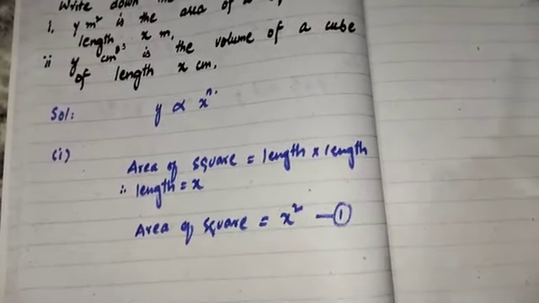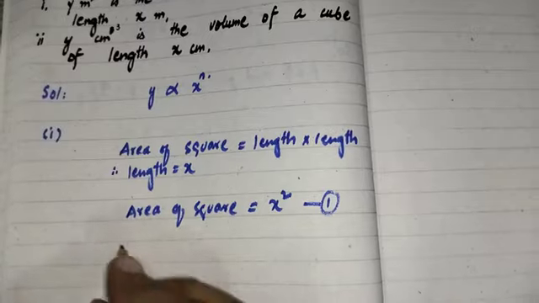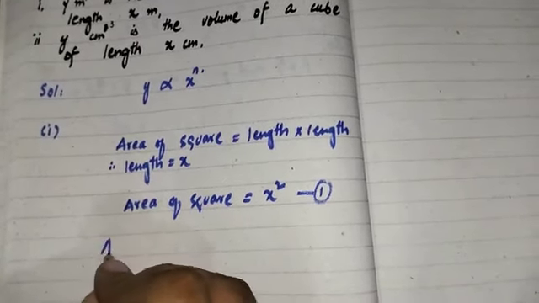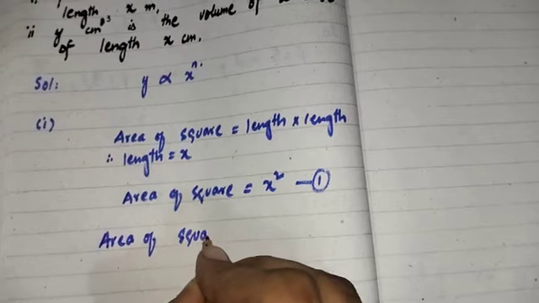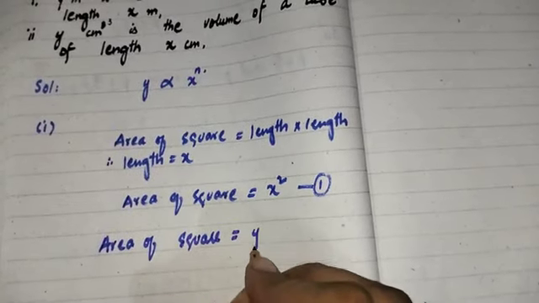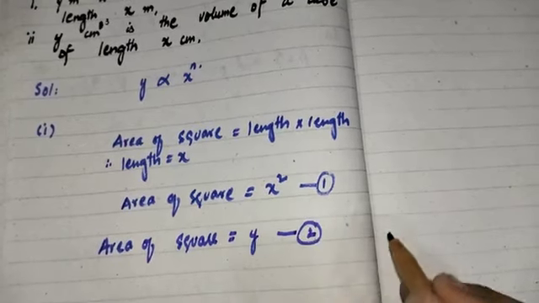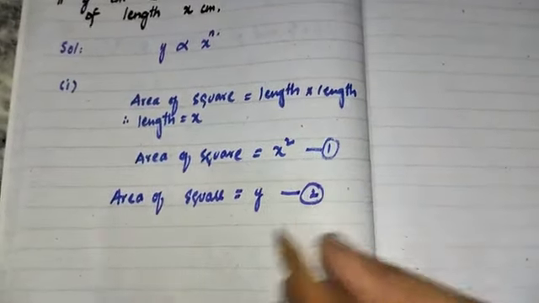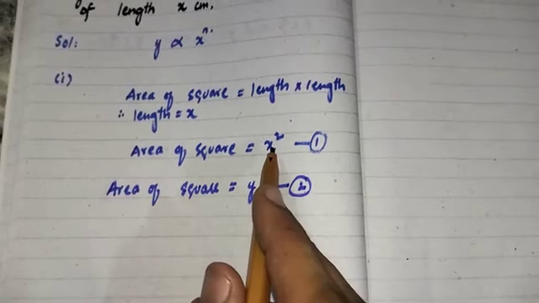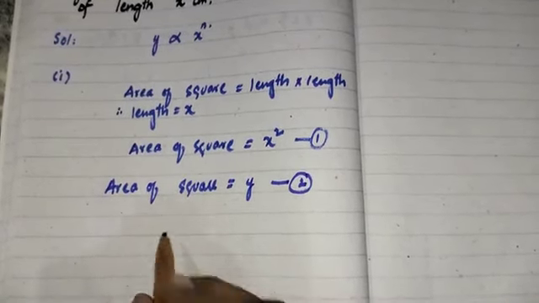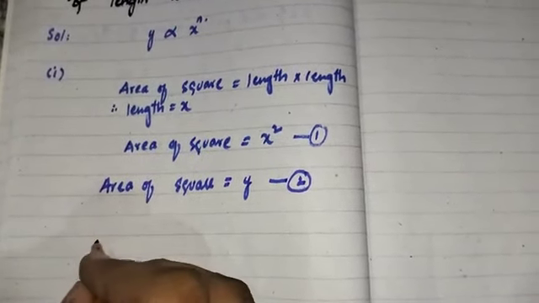According to the given information, the area of the square is y, with meter square as the unit. So we have two equations, 1 and 2: one says the area of the square is x square, and the other says the area of the square is y. Both values are the area of the square.